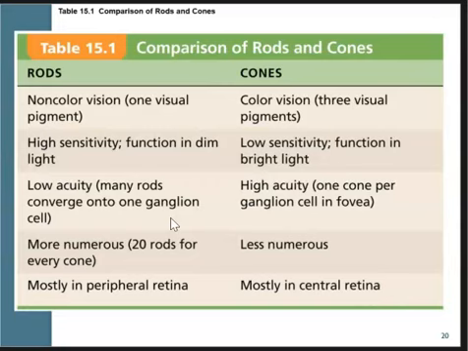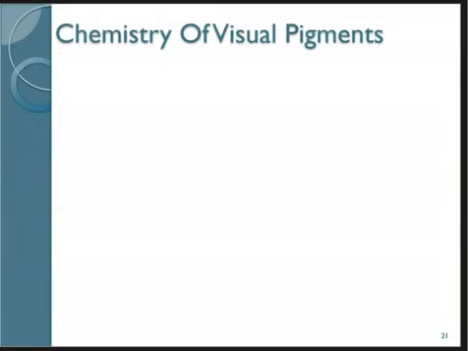We have a lot more rods, mainly in the periphery of our retina. Cones, as we get to the center, is where we find it, and it's going to be less in number. The most is in the fovea centralis, which just has cones in it.